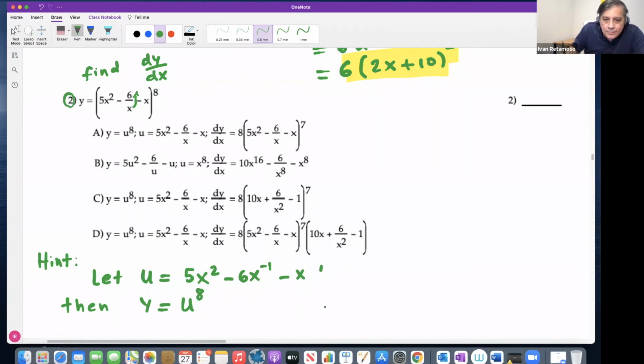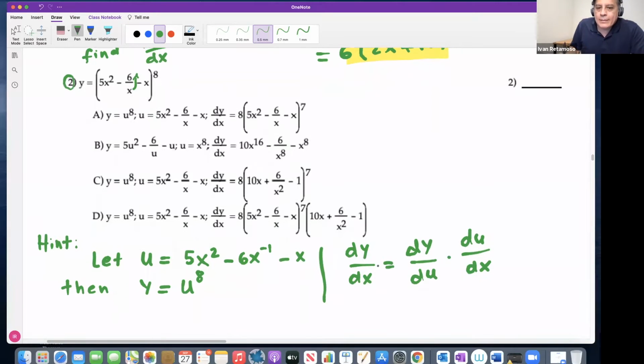With these two, then you go ahead and apply the chain rule in its first form. dy/dx equals dy/du times du/dx. Equivalent to derivative of y with respect to x equals derivative of y with respect to u times derivative of u with respect to x. Get it from there, and then simplify and your answer should come out.